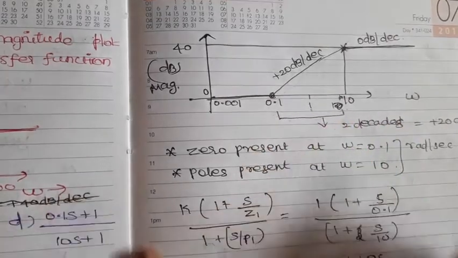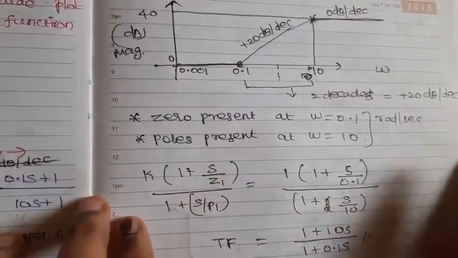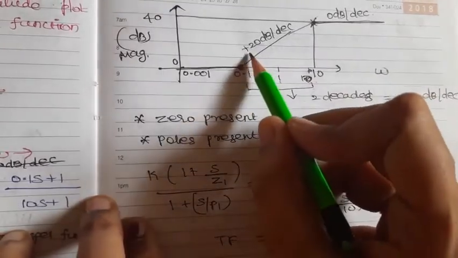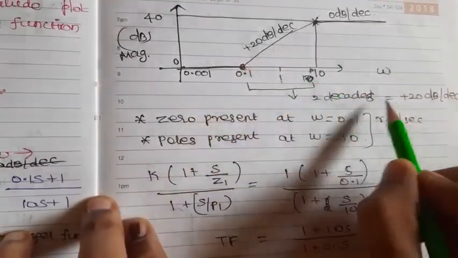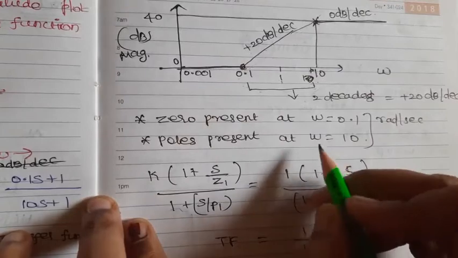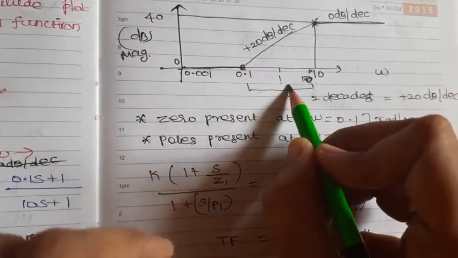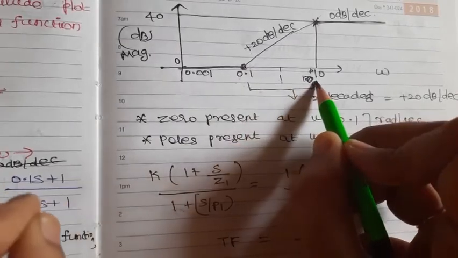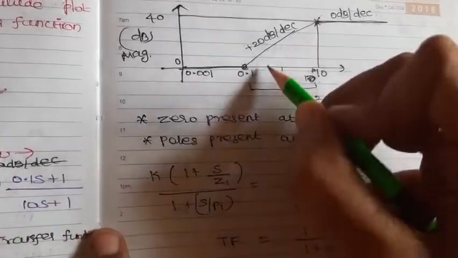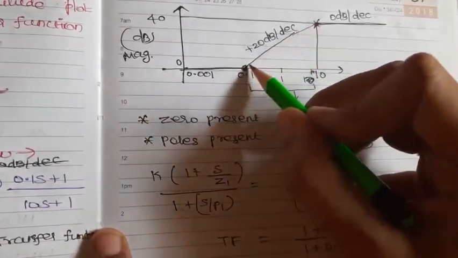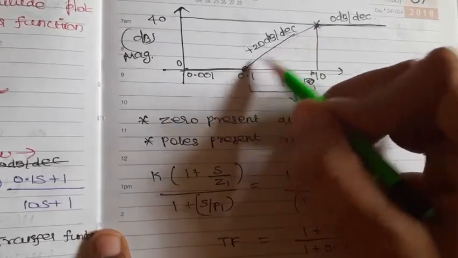2 decades means we will give plus 20 dB per decade. There is a rising slope, 0 to positive.